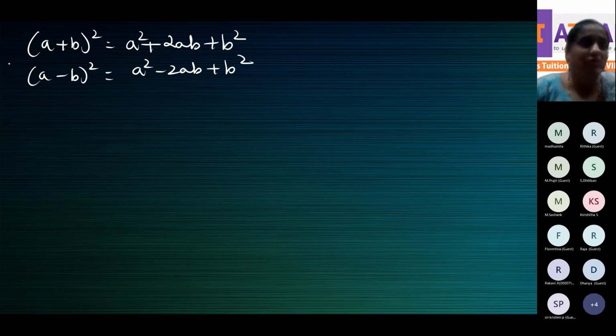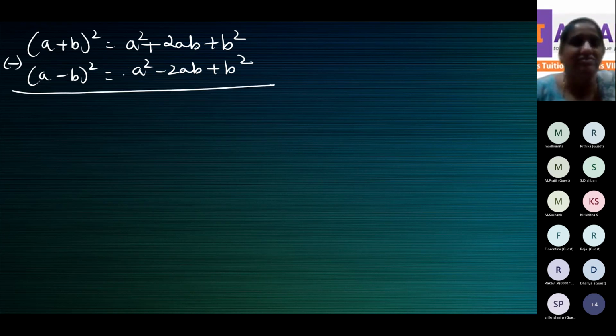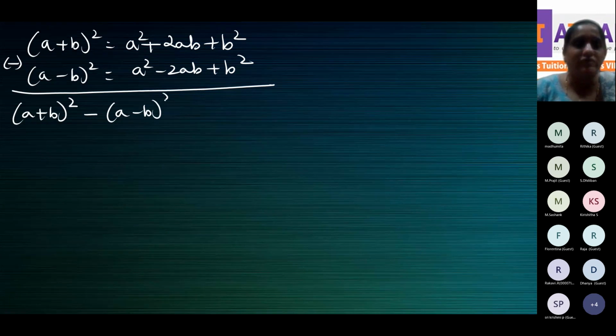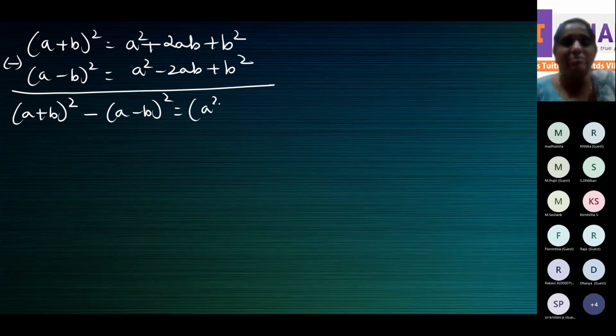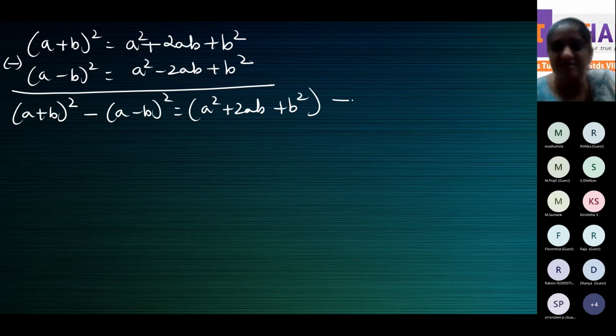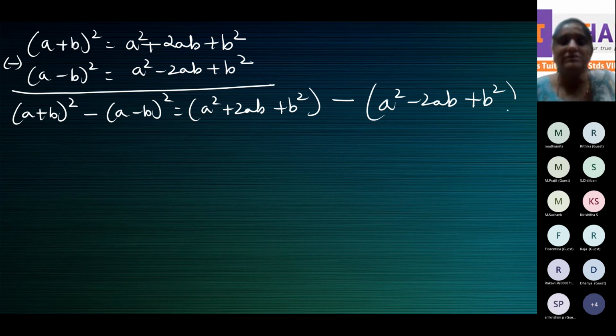Now subtract the two equations. So that means you should change the signs, right? So a plus b the whole square minus a minus b the whole square will be equal to a square plus 2ab plus b square minus a square minus 2ab plus b square. We'll have to subtract.